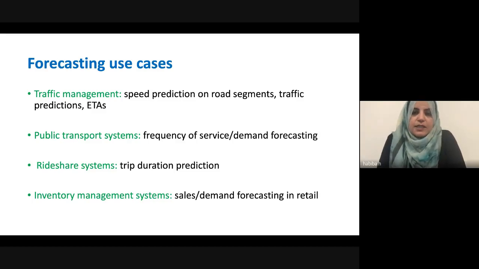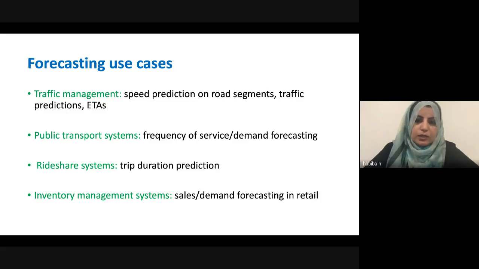If there's an accident at an intersection a little far from a particular road segment, and you're training a model by focusing just on the history of that road segment, you will miss out on details about the neighborhood around it. So what if an accident happens somewhere far? How would that affect this road segment? You can naturally see how graph-structured data would be helpful in improving such a system.